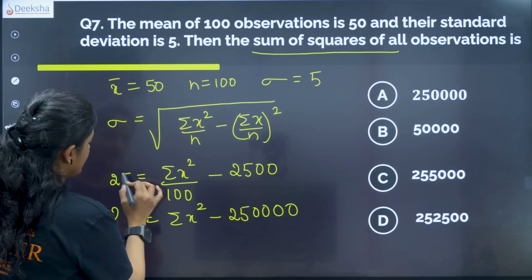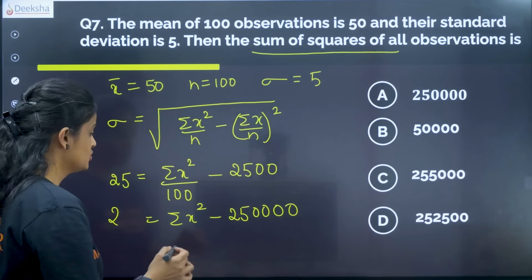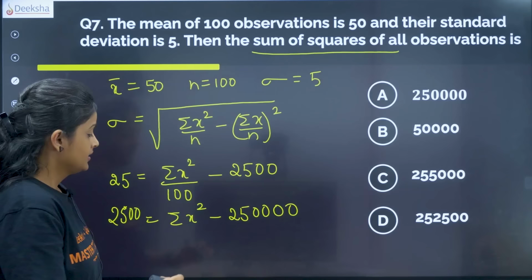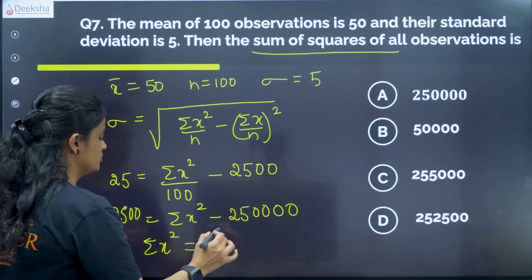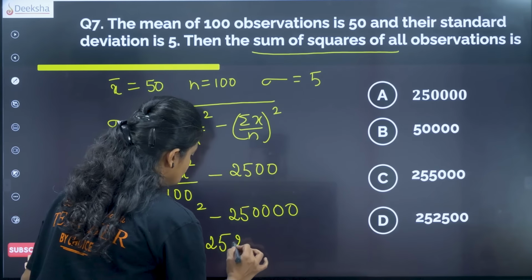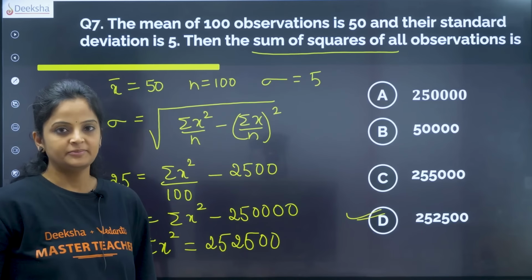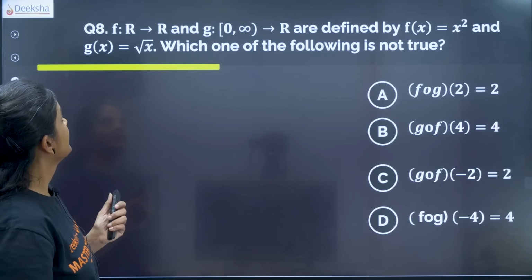So the LCM I have taken, I am cross multiplying in the same step so that I will get 2500. What they are asking is sigma x square, and that is equal to 252500. That is there in option D. Got it? Let's see the next question.